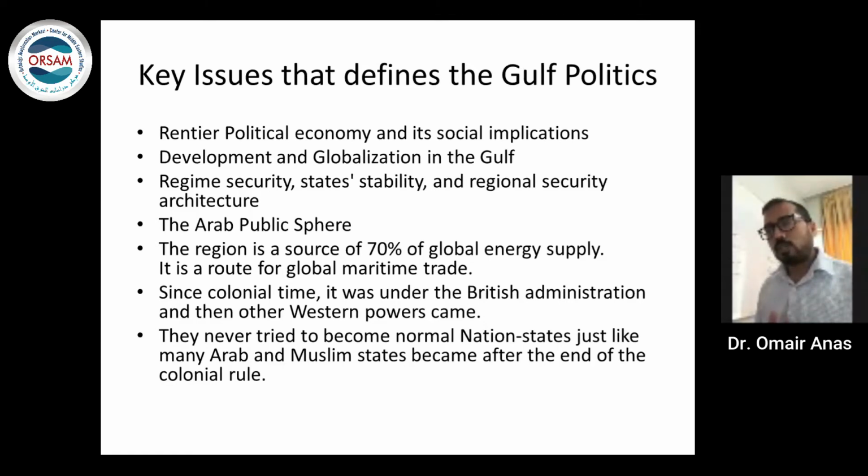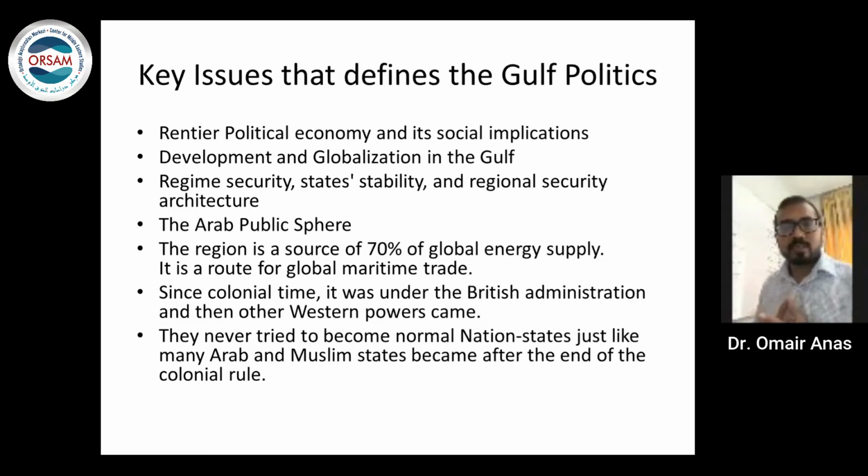One important feature which you as a student, as a scholar should watch is that the Arab states, and especially the Gulf countries, did not become nation states in the same sense as the nation states of any European country. What is a state? The state means you have institutions of judiciary, executive, and parliament. So you have many institutions, and these institutions most of the time work independently in cooperation with each other.